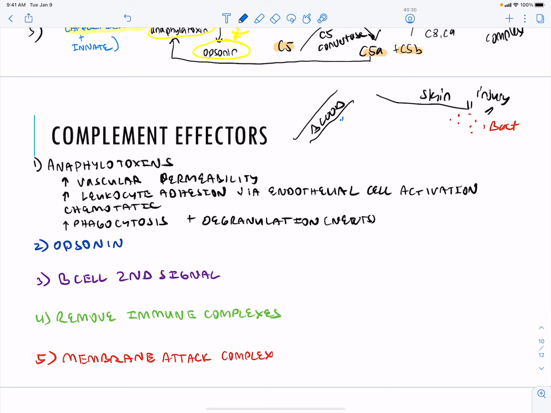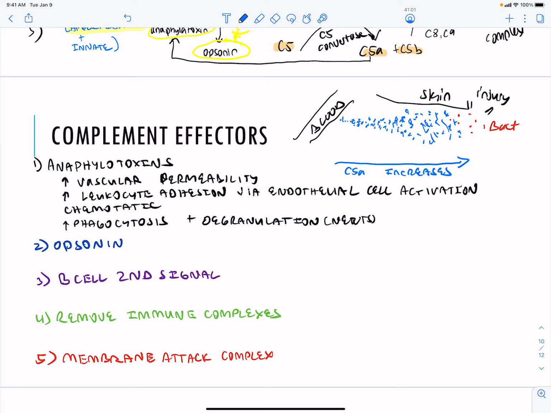I should have drawn it closer together. So your complement will diffuse. Let's do C5a, increases.